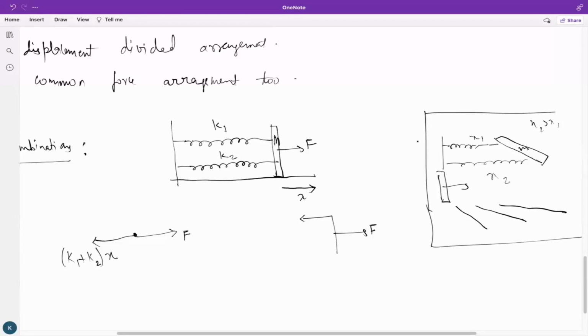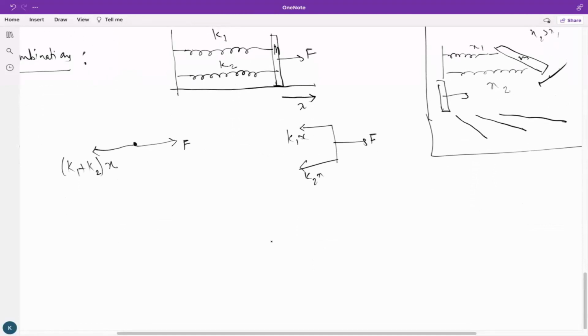If both springs have different displacements, our block moves in a tilted direction, like this. But if the block has to move vertically, we have to assume that both springs have the same displacement. So there is a force K1x and a force K2x. If you balance it, it will be equal to K1 plus K2, right?